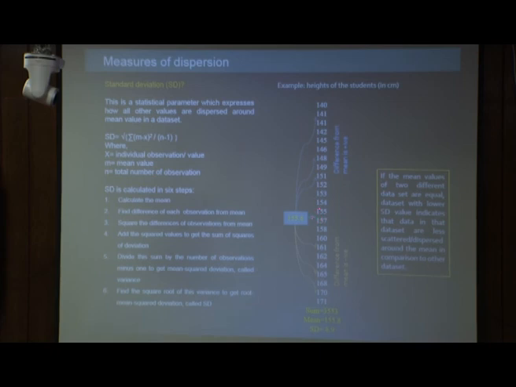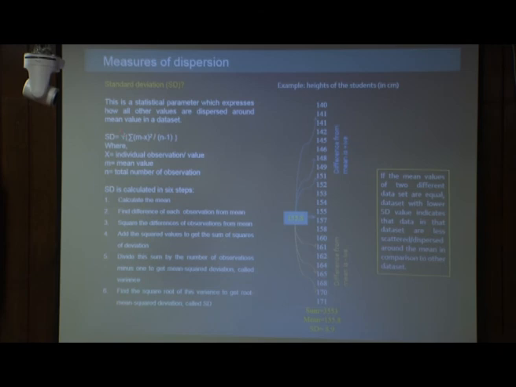After squaring, we sum up, and that is done for n number of data. Then, to get the average value, we divide that expression, m minus x squared, by n minus 1. Then we get the average value. After getting that average value, as we put the square, we again put the square root.